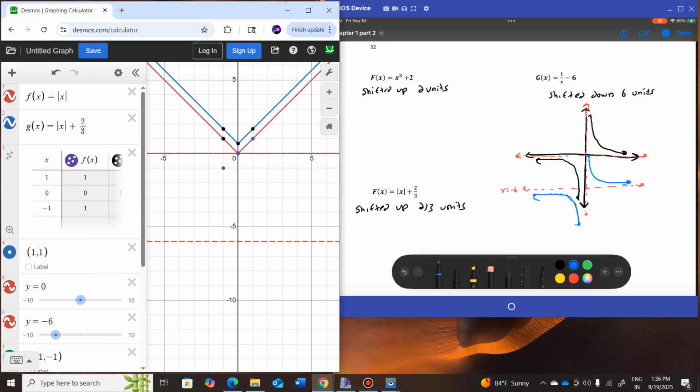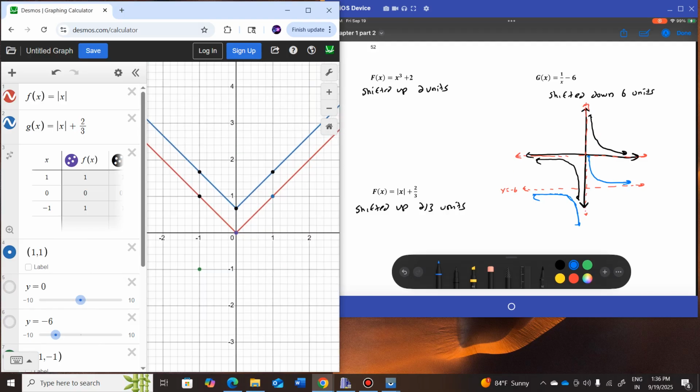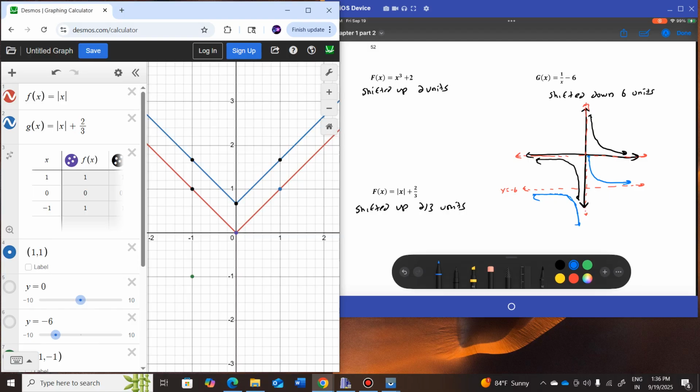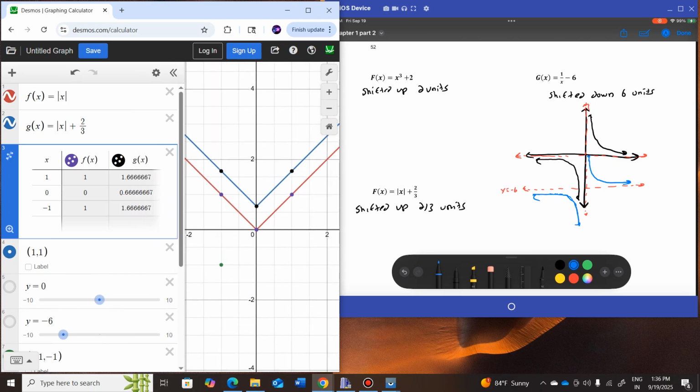And so this just shifts the absolute value graph up 2/3. So 1, 1 goes, you know what, I'm going to see if I can enlarge this just enough. Alright. 1, 1 goes to 1, 1.67, which is 1 plus 2/3. 0, 0 goes to 0, 2/3. -1, 1 goes to -1, 1 plus 2/3. So everything shifted 2/3 up.